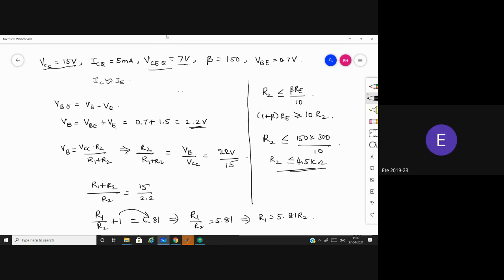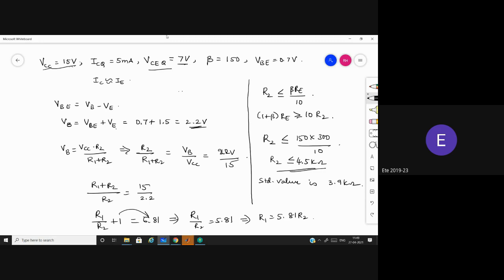Whenever we get a value like this, we have to take the nearest standard value. R2 cannot be greater than 4.5, but it can be less than that. So the nearest standard value is 3.9 kilo ohm.